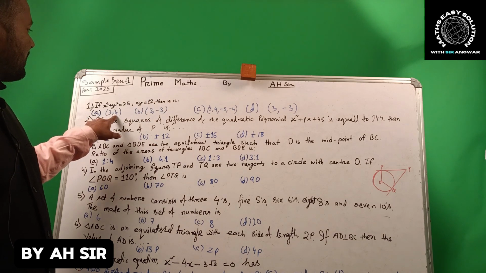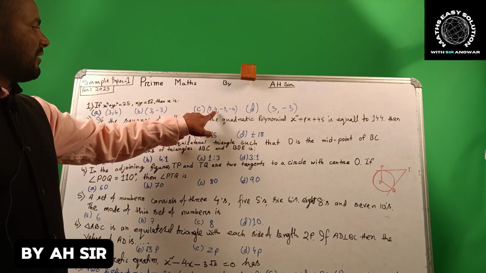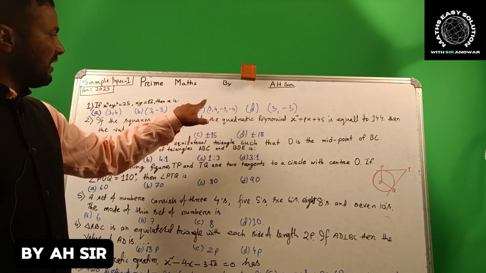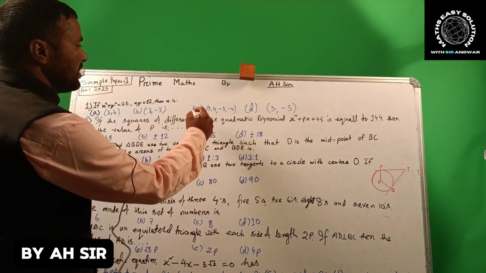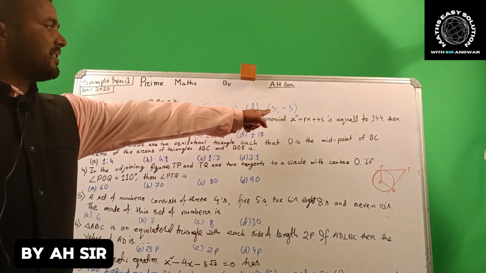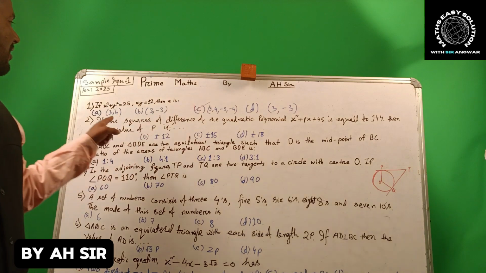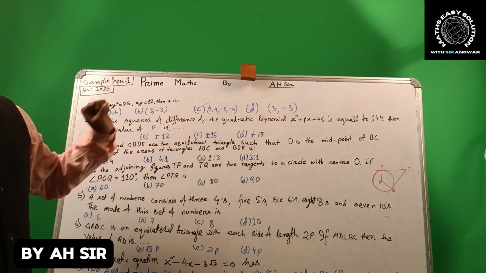Here x, y, here x, y, x, y. Only this option has 2 answers. That's why for question number 1, without solving, you will take option C. In the others you see 1 value. So for question number 1, just by looking at the power of the variable, this is the correct option.